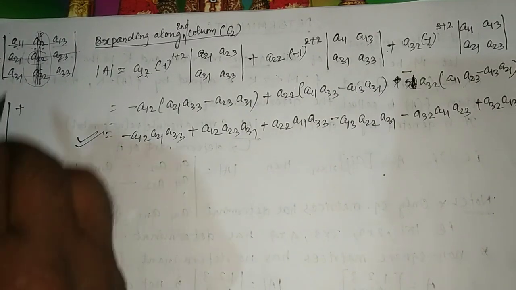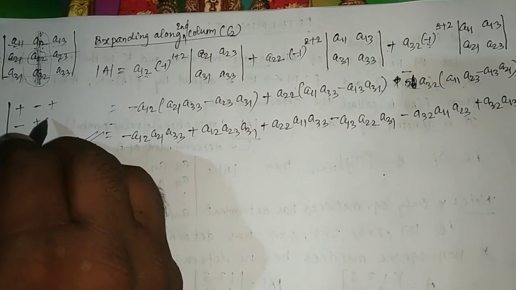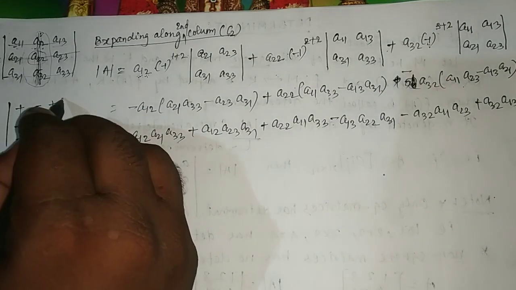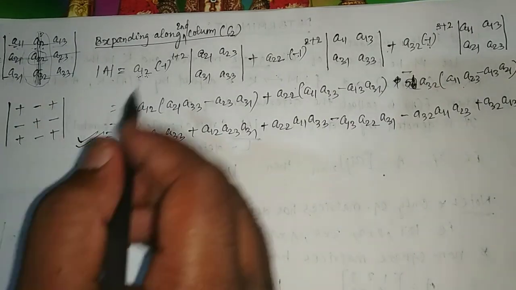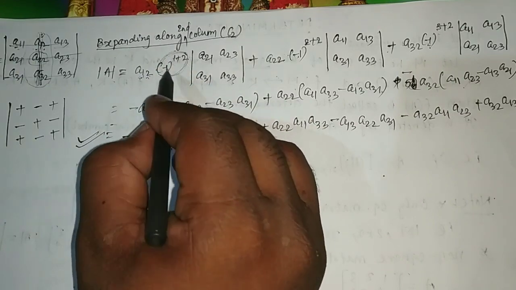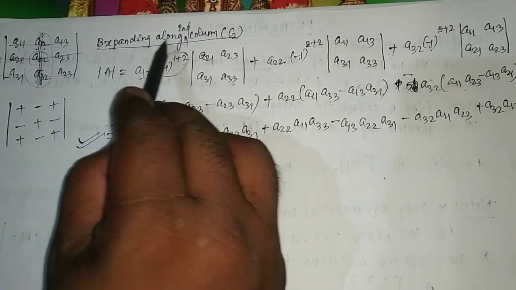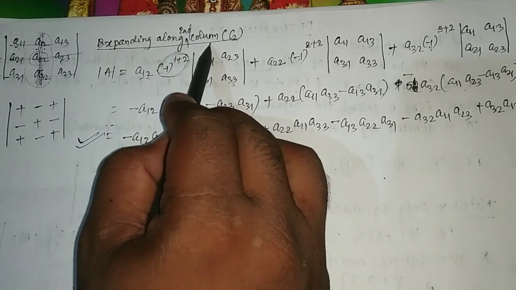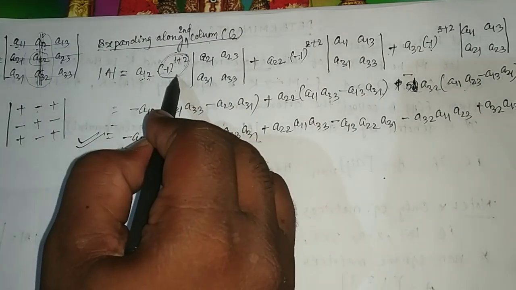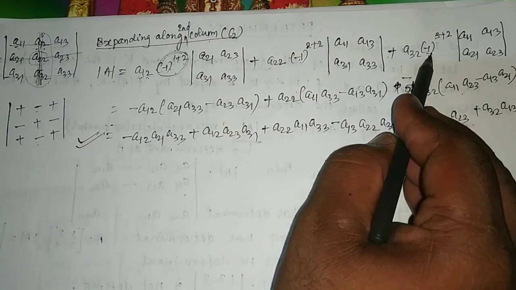First plus here, minus, then plus here, minus, plus, minus, again plus, minus, plus. That means by not writing this minus 1 to the power 1 plus 2, look at here, we expand this determinant along the second column, so we directly put minus here, then plus here, again minus here.